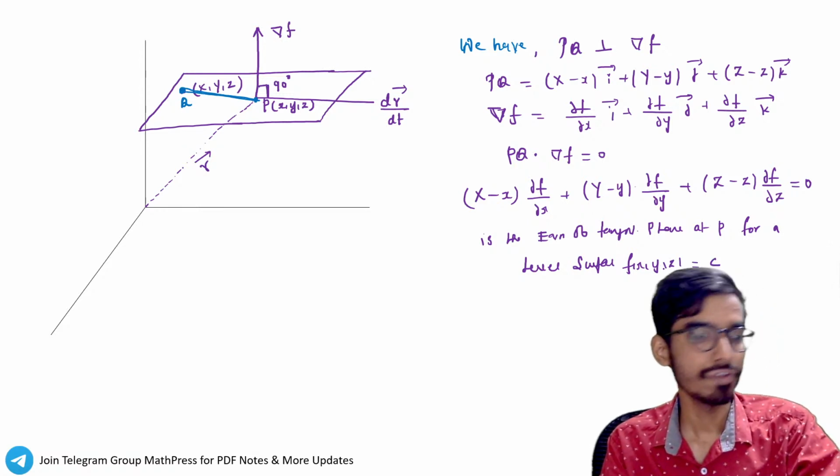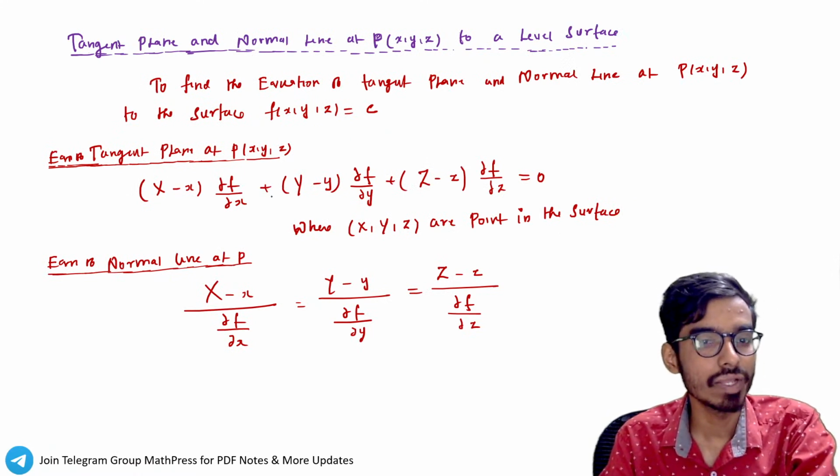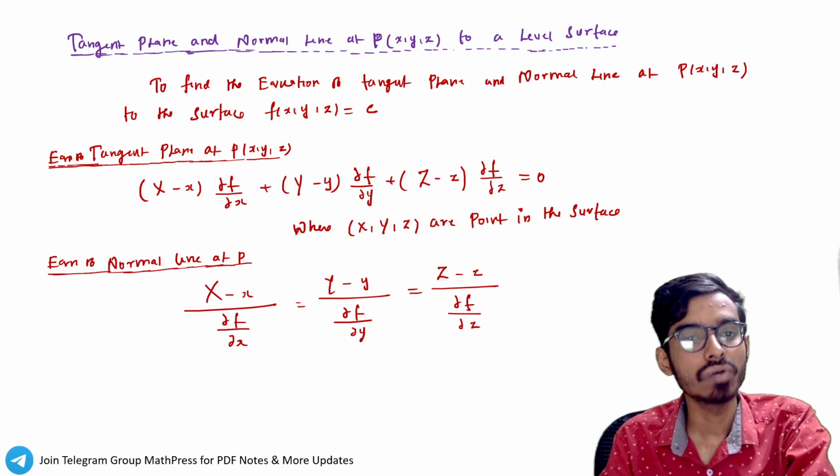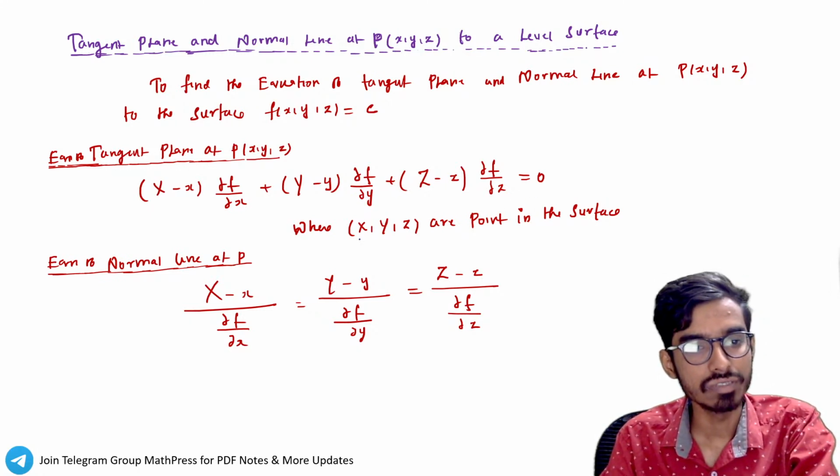So from an exam point of view, you just memorize the formula, right? Capital X minus small x, dou F by dou x, capital Y minus small y, dou F by dou y, capital Z minus small z, dou F by dou z is equal to 0.